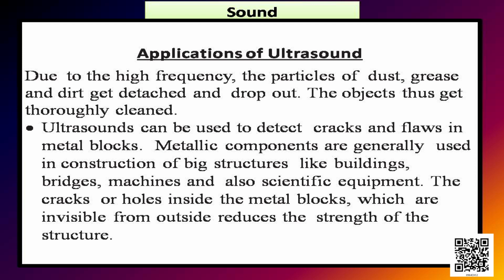Metallic components are generally used in construction of big structures like buildings, bridges, machines and also scientific equipment. The cracks or holes inside the metal blocks, which are invisible from outside, reduce the strength of the structure.